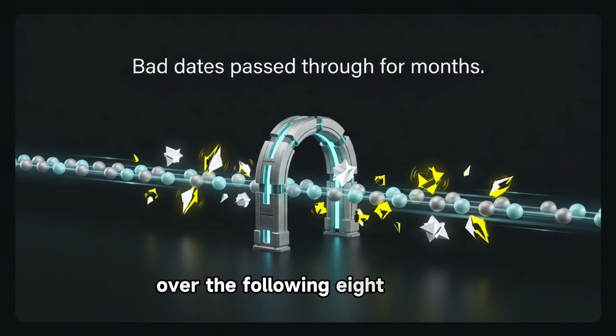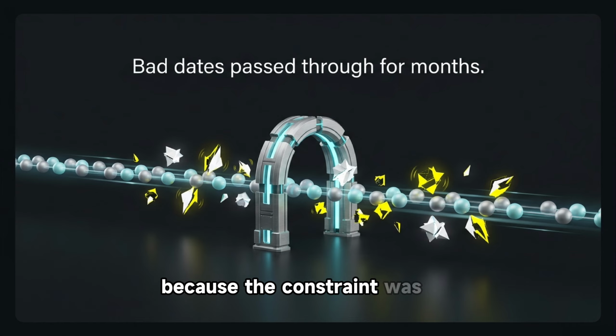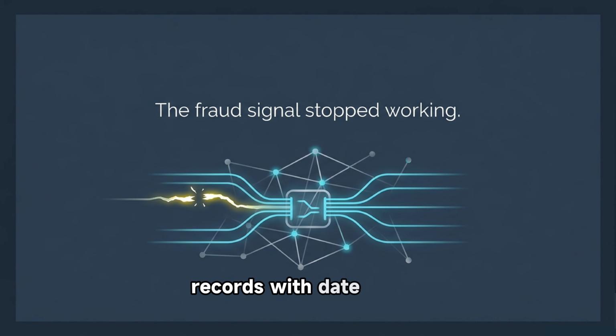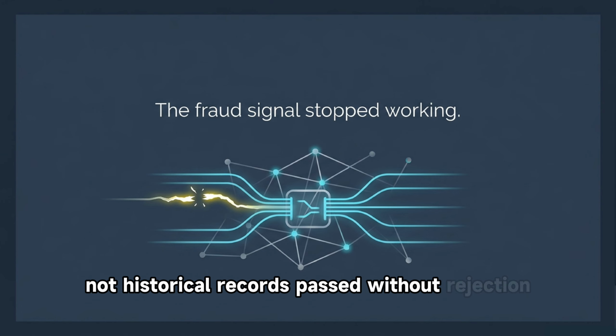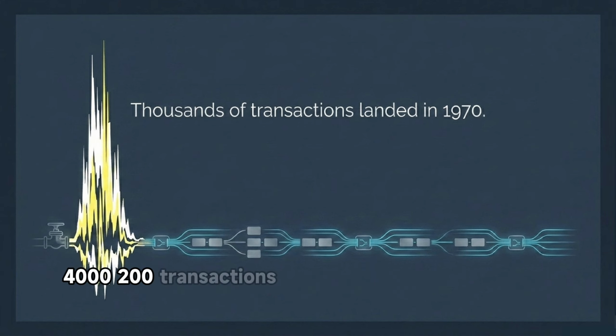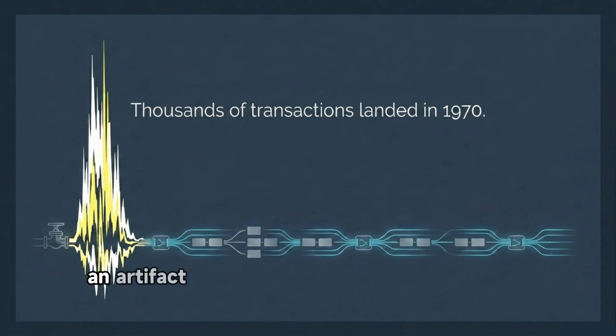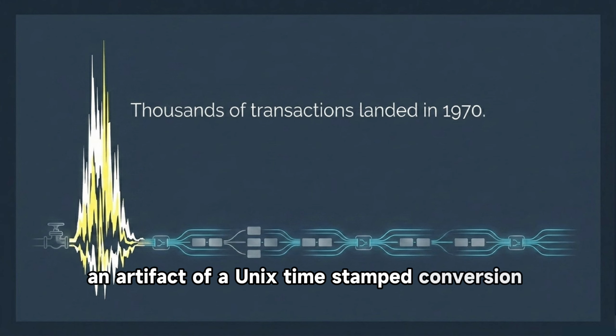Over the following 8 months, the platform continued ingesting the provider's daily transaction feed. Because the constraint was off, records with date errors, genuine data quality failures, not historical records, passed without rejection. A processing error at the provider's end caused approximately 4,200 transactions to be written with dates in 1970, an artifact of a Unix timestamped conversion failure.